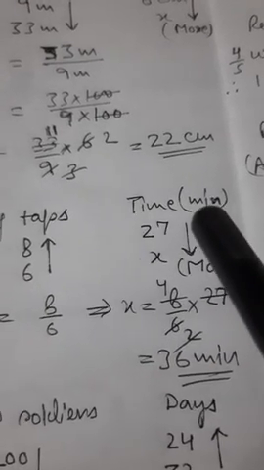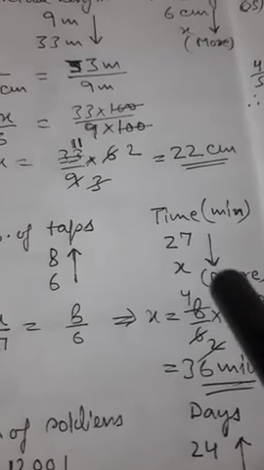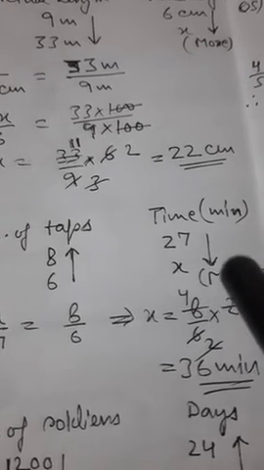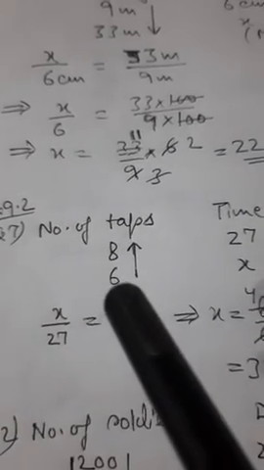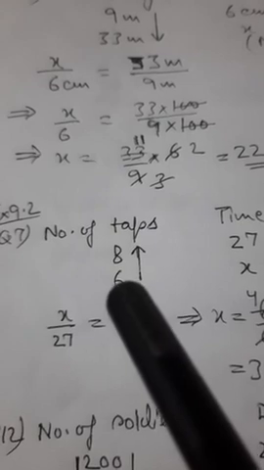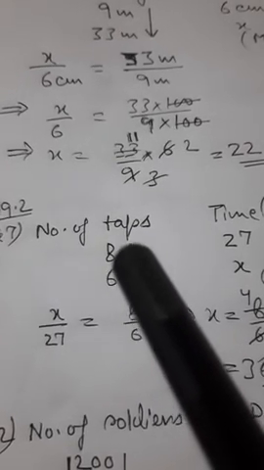Now since the arrow is pointing towards more, the arrow was already towards x, but x is more, so the arrow is pointing towards more. So here also the arrow should point towards more. So out of 6 and 8, 8 is more. So the arrow is towards more, that is towards 8.